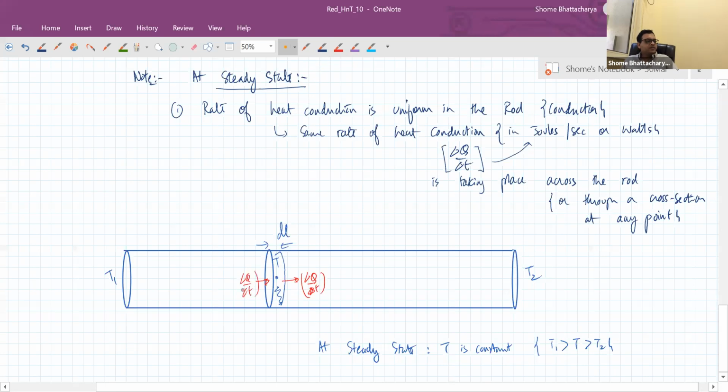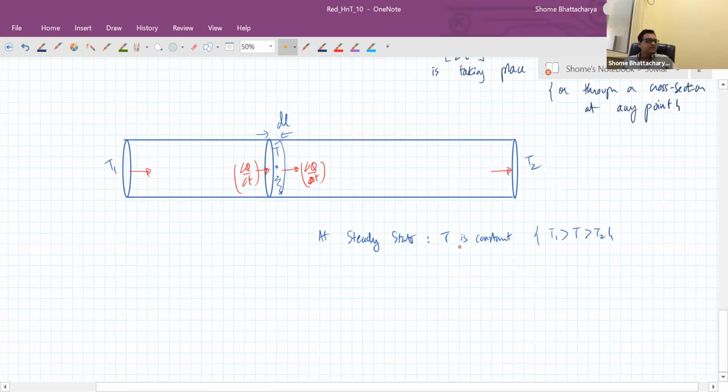But I know the temperature at this end of the rod is more, so heat must be coming in from this side. I know the temperature at this end of the rod is less, so heat must be going out from this side. But at the same time, the temperature of this small section is not changing. So at steady state, this temperature is constant.